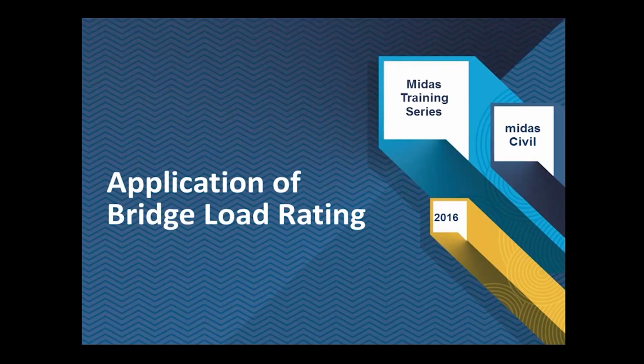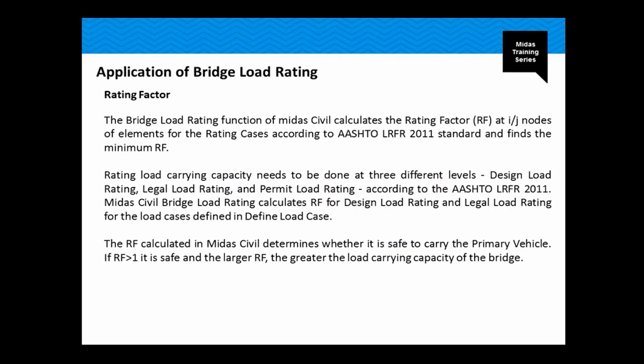So, going into the application of the bridge load rating in the program. The program will calculate the rating factor at the I and J nodes of elements for the rating cases according to the AASHTO-LRFR standards, and it finds the minimum rating factor. Rating load carrying capacity needs to be done at 3 different levels: the design load rating, legal load rating, and permit load rating.